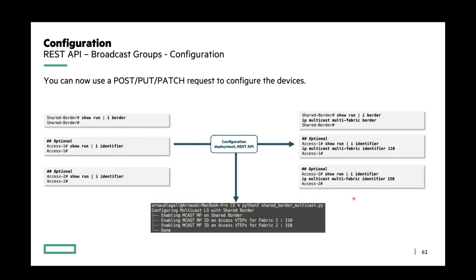Using this API, we can then very easily set up an automation workflow to set your configuration on the entire architecture. As you can see in this example, using such a workflow, do not forget to configure the broadcast groups as we have seen in the previous slides.